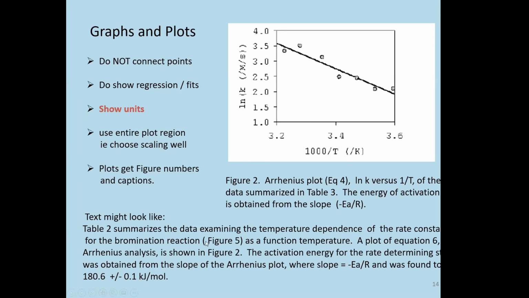And in the text part, you can say something like this. Table 2 summarizes the data examining the temperature dependence of the rate constant of the bromination reaction. The bromination reaction will be our experiment 5, parenthesis, Figure 5. So here, readers know that if they want to see that dependence, they can go to Figure 5.